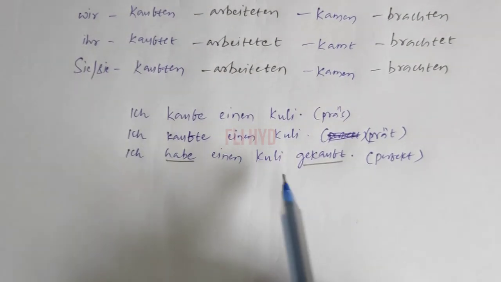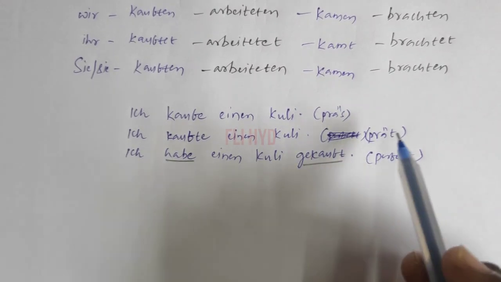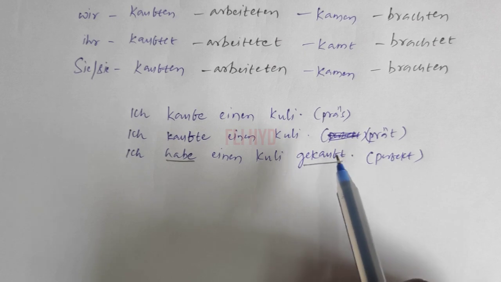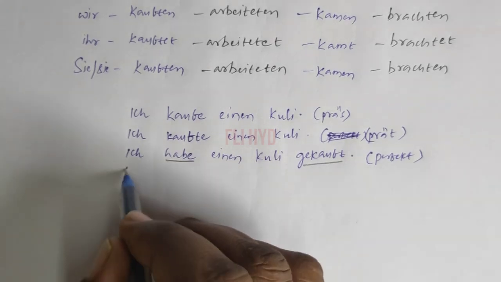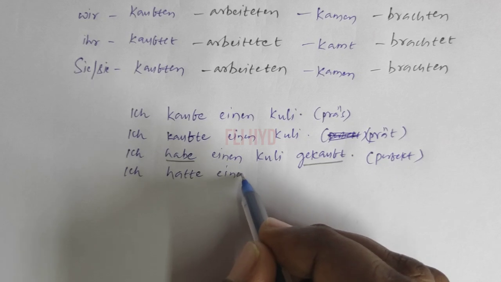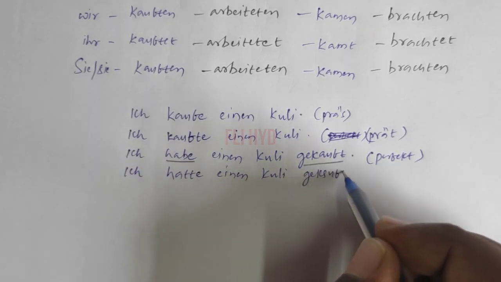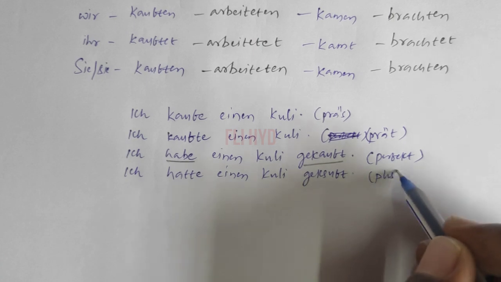I have purchased a pen. So past tense, Ich kaufte einen Kuli. Now Plusquamperfekt: Ich hatte einen Kuli gekauft.